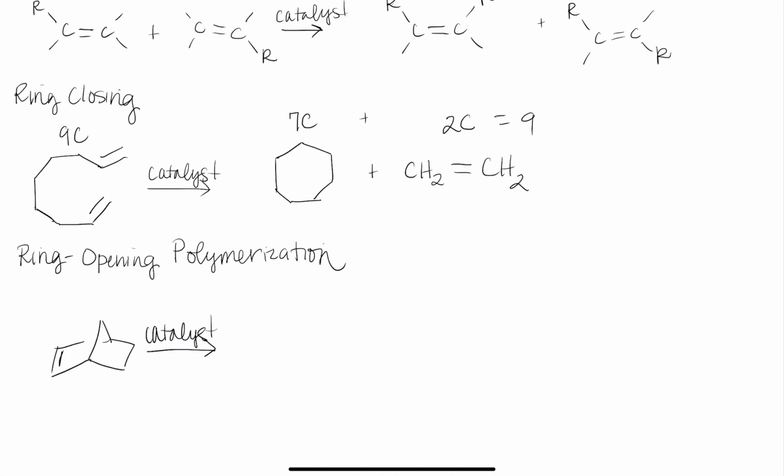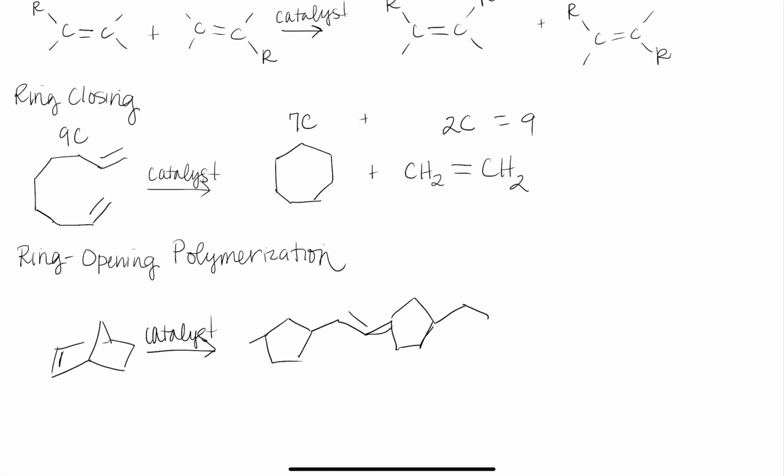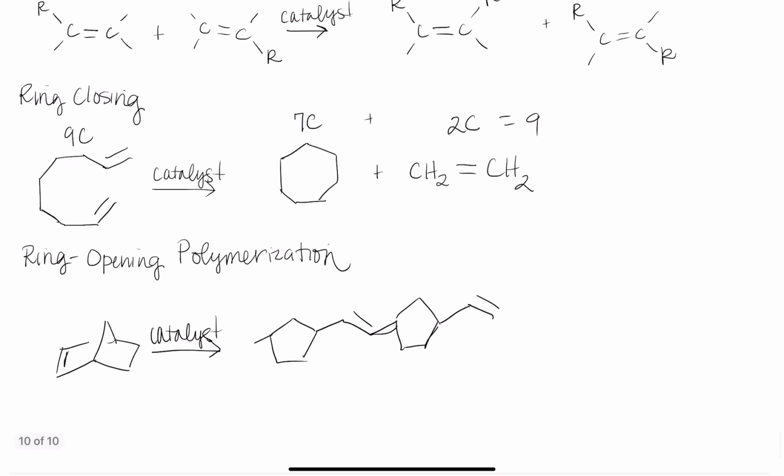If we were to add one of our Schrock or Grubbs catalysts, essentially this ring would open up, and then it would polymerize over and over again. So this right here would be our monomer, and then it would just repeat and repeat until the chain gets terminated.